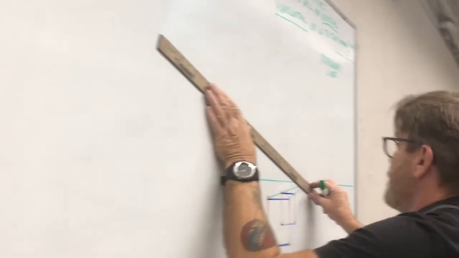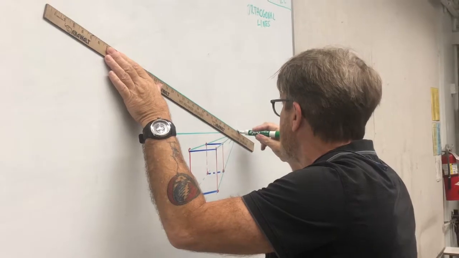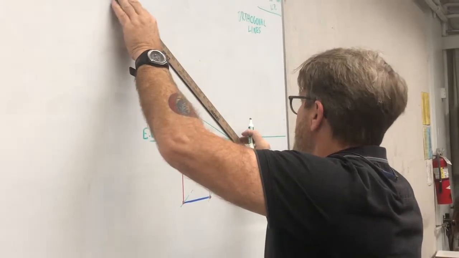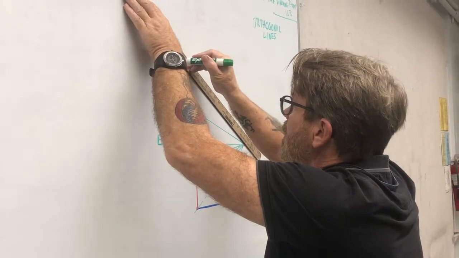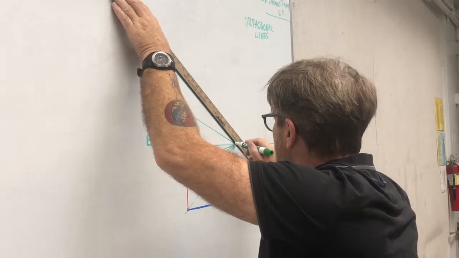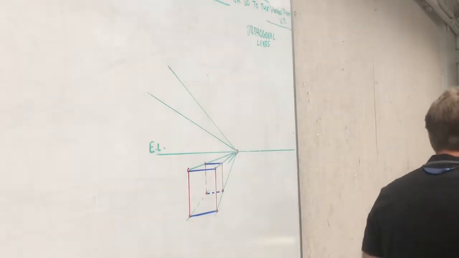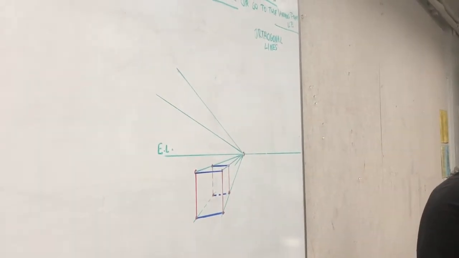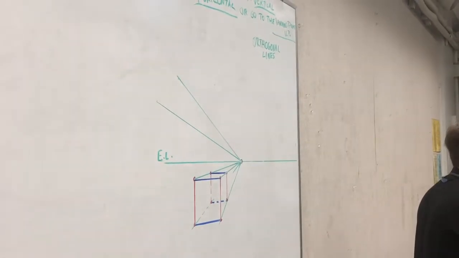So I'm going to make a couple of lines going to my vanishing point. Right? And those were arbitrarily placed. There's no reason for them to look like that other than I drew them that far apart.